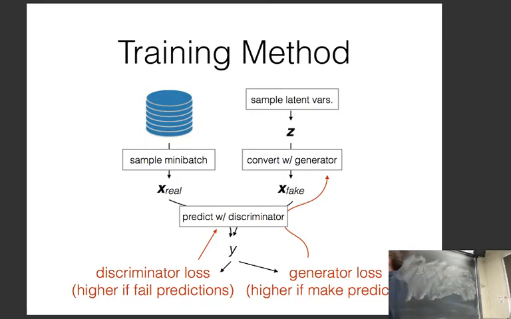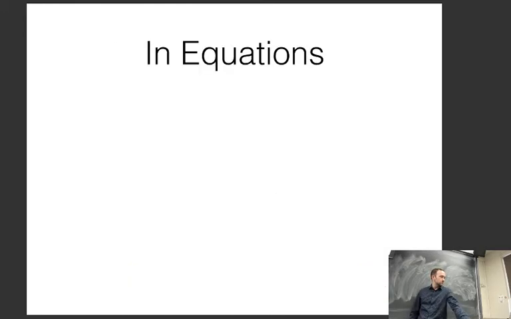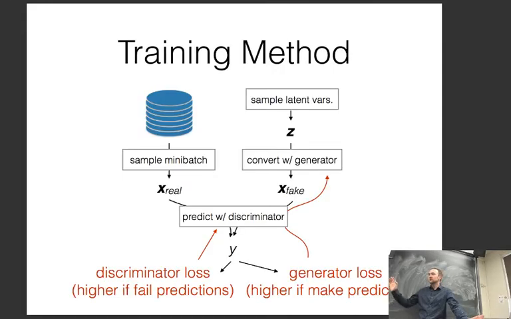The important thing here is that the discriminator loss will be higher if we fail predictions, so it will try to make the discriminator more accurate, while the generator loss is higher if we make predictions accurately about real or fake. So we have these two competing losses, and you can view the discriminator and the generator as competing against each other. Are there any questions? Okay.